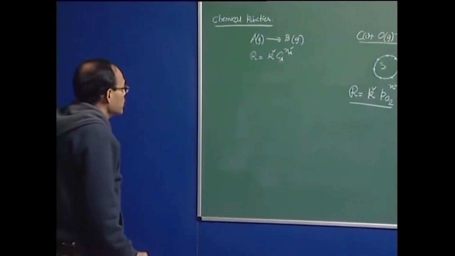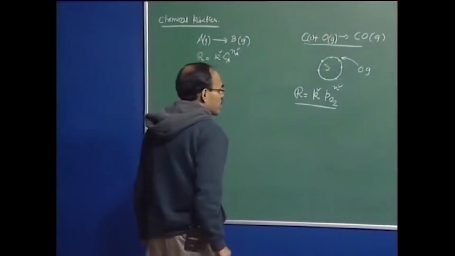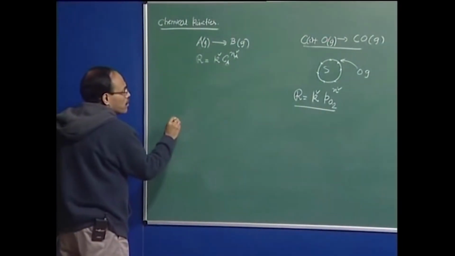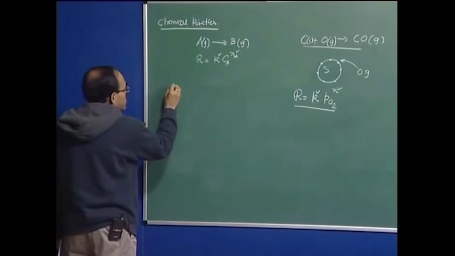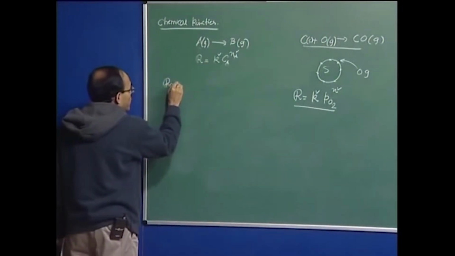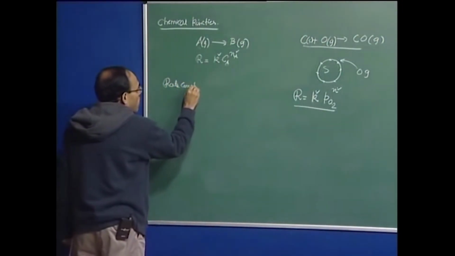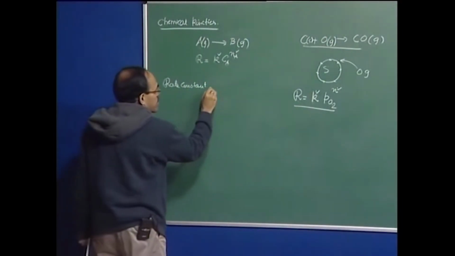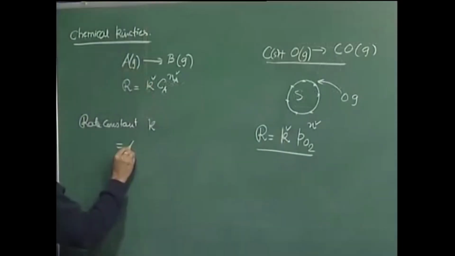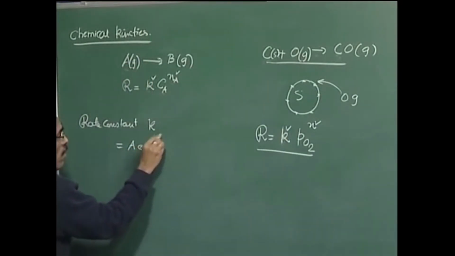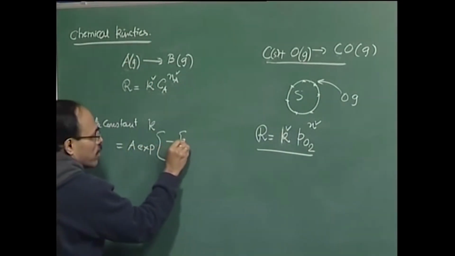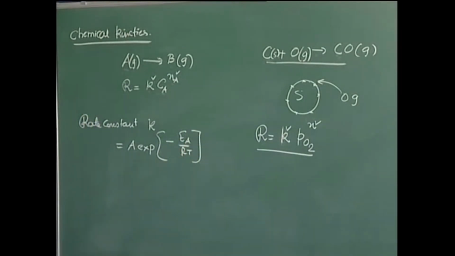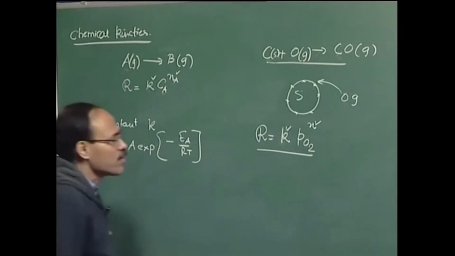Now, the rate of a chemical reaction varies. Suppose, for example, according to Arrhenius, the rate constant k varies as A exponential of minus E_a divided by RT. How does the rate change with temperature?